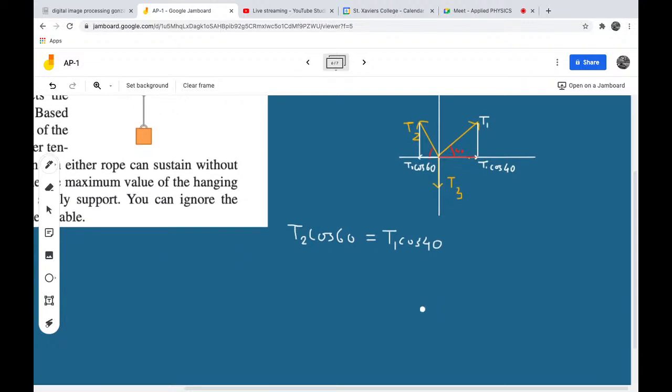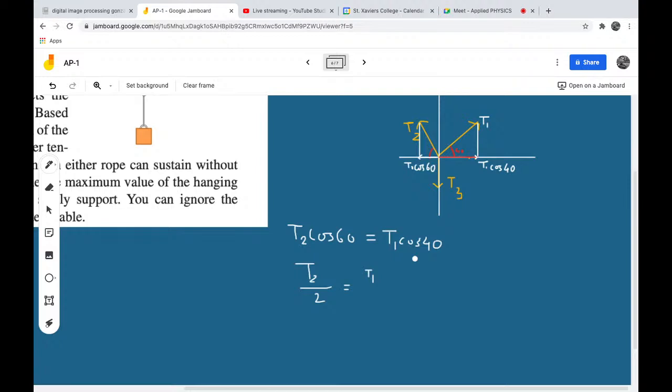So what do you get? You get T2 by 2 is equal to T1, and how much is cos 40? Let me check. If you have access to your calculator, you can use it. 0.76.